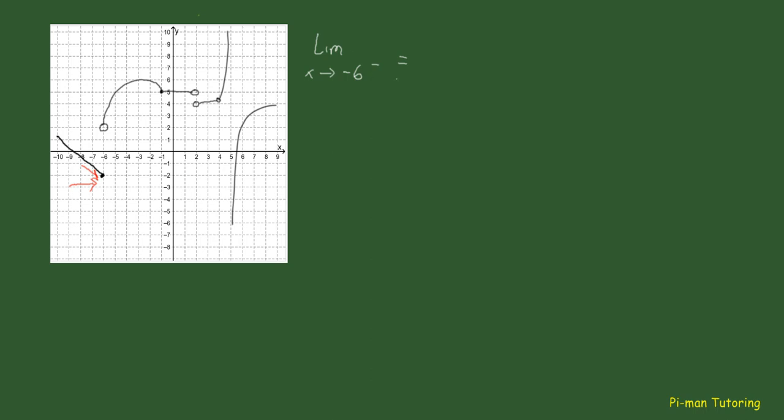So the function is well behaved on that left-hand side, and we can say that the limit as x tends to minus 6 from the negative direction is negative 2. But what happens if we approach that same negative 6 from the positive direction? As we approach from the positive side of negative 6, we're getting closer and closer to a value of plus 2.